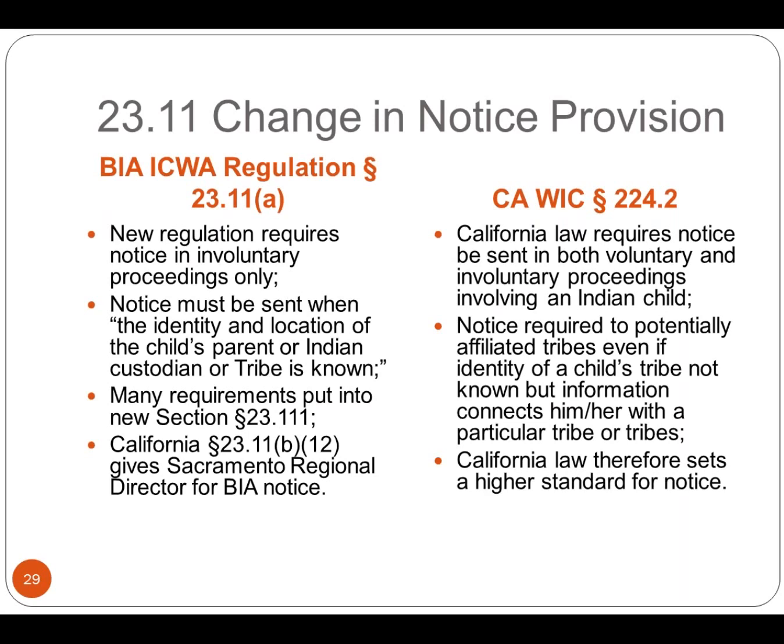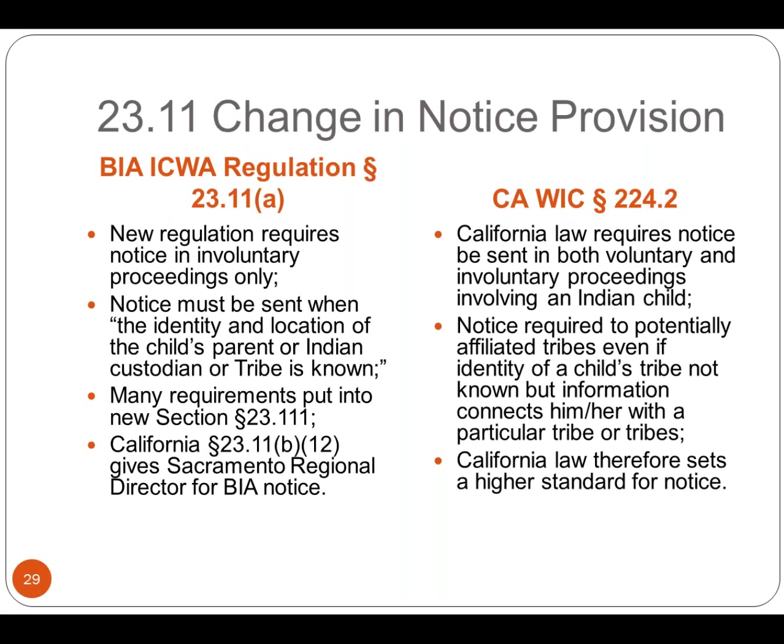This is different from California law, which requires notice in both voluntary and involuntary proceedings when they involve an Indian child. The regulations say that notice must be sent when the identity and location of the child's parent or Indian custodian or tribe is known. If not, then the notice should be sent to the Sacramento Regional Director for the BIA.